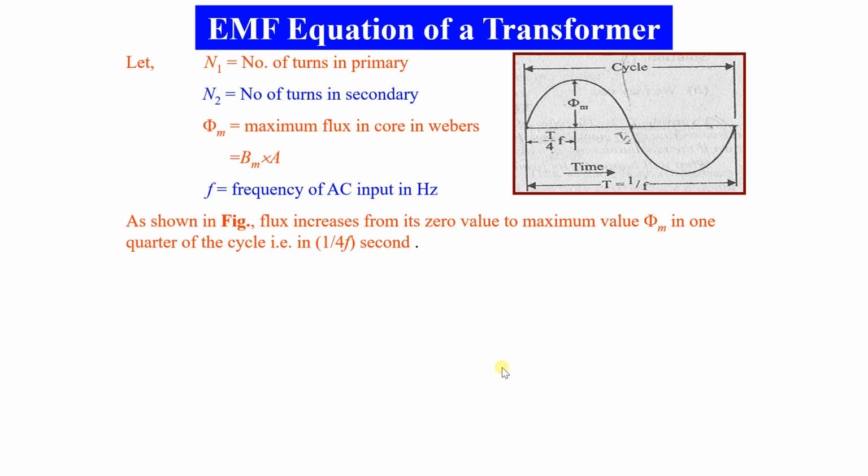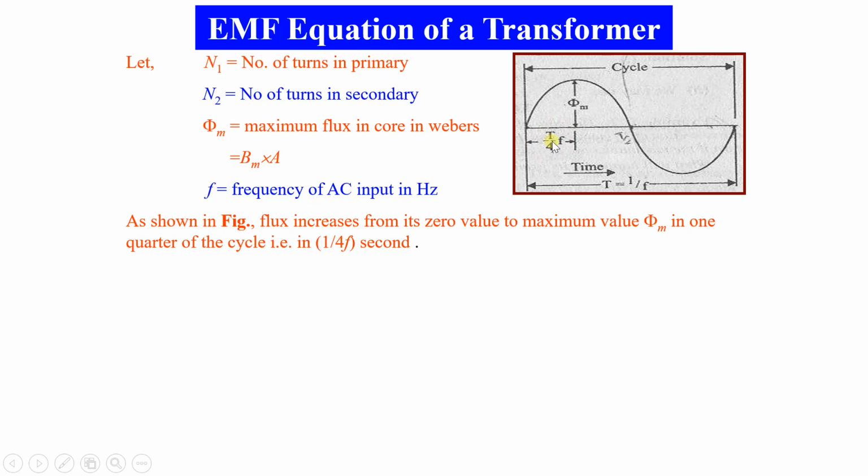As shown in the figure, flux increases from its zero value to the maximum value phi m in one quarter. This means this is one complete cycle, and this is one quarter, and it increases from 0 to phi m. So this phi m is the maximum.